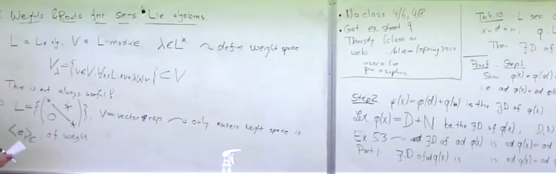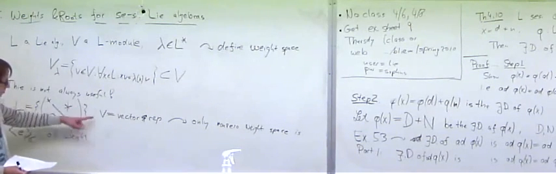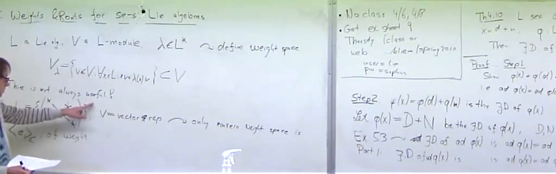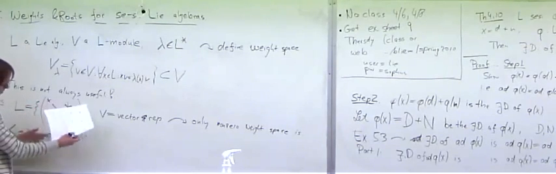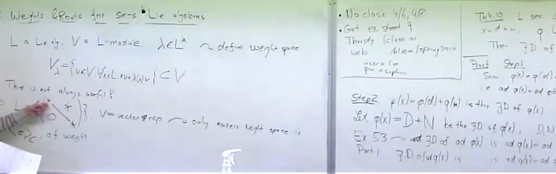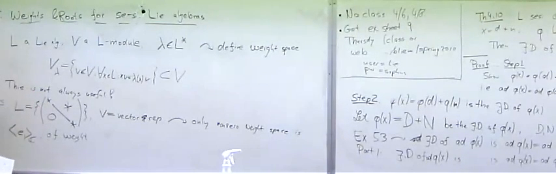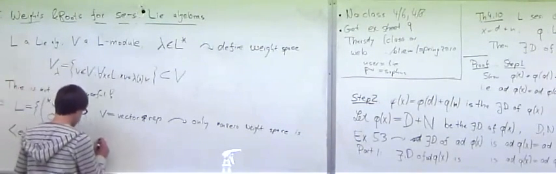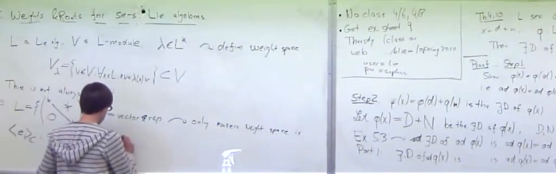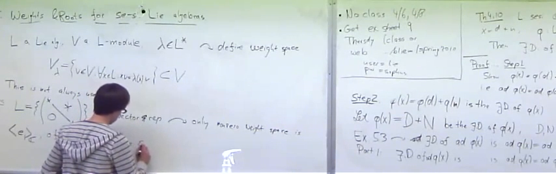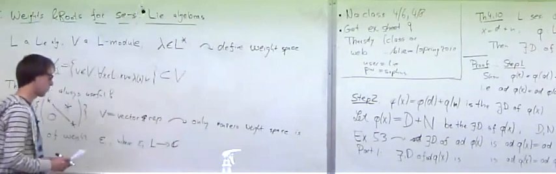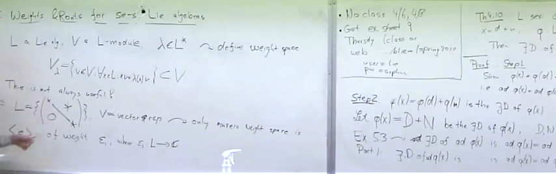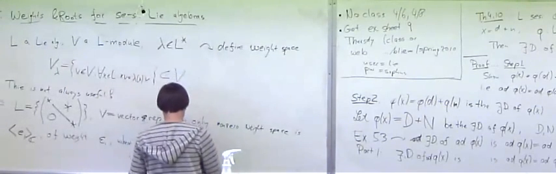And what's the weight? Well, the scalar by which I multiply such a vector is just this component of the matrix, the upper left corner of the matrix. If you think about how you do the matrix vector multiplication, this is the number by which this vector is stretched. So this is of weight epsilon 1, where epsilon 1 is a map from L to C, a linear form, and this is just the projection on the upper left component.